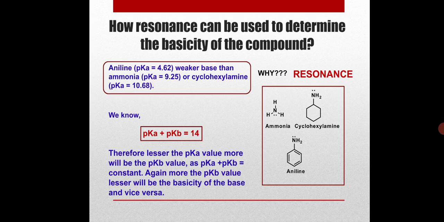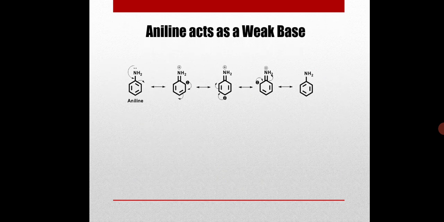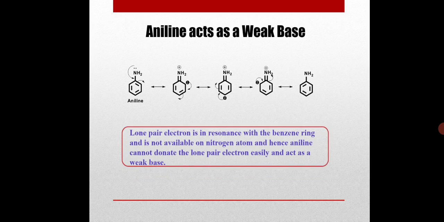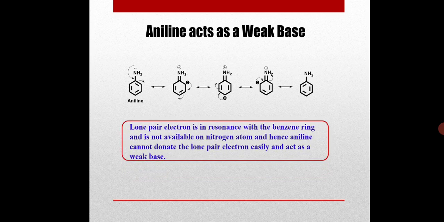If you see the structures of aniline, ammonia and cyclohexylamine, resonance is possible only in aniline. So, the lone pair of electrons on nitrogen can enter into resonance with the pi electrons of the benzene ring, and since it enters into resonance with the pi electrons of the benzene ring, it is not available on nitrogen.